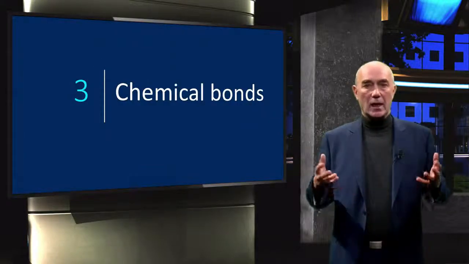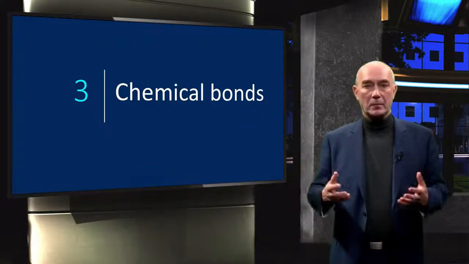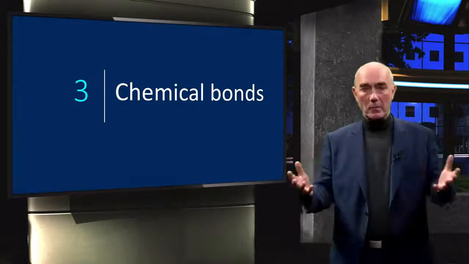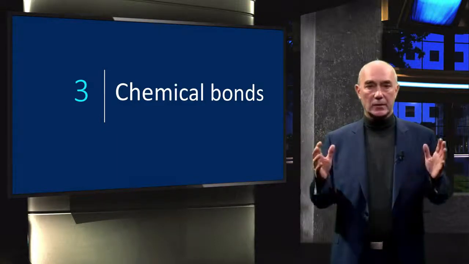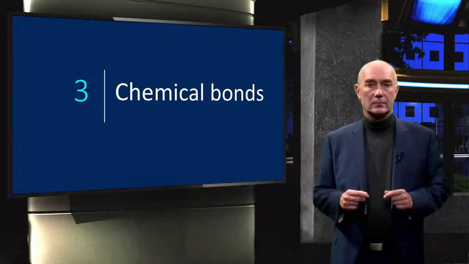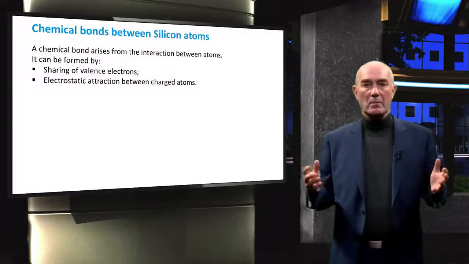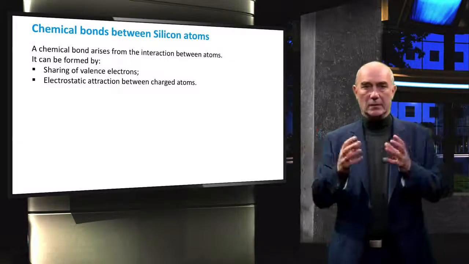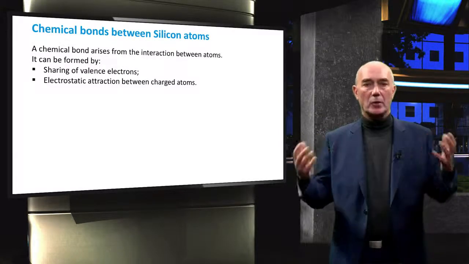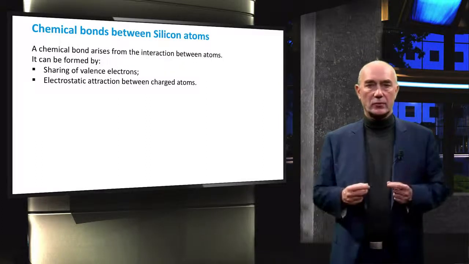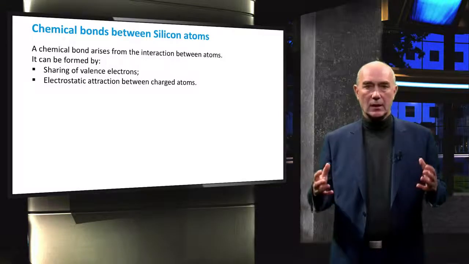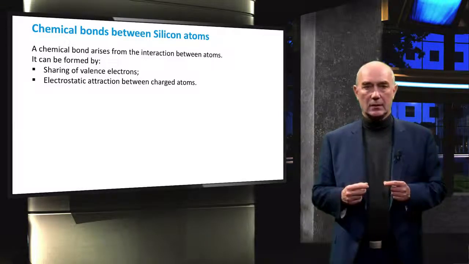So the questions now are, what kind of chemical bonds do form between silicon atoms, and how many neighboring atoms are there to a single silicon atom? As you can remember, chemical bonds arise from the interaction between atoms. They can be formed by sharing of valence electrons or as a result of the electrostatic attraction between charged atoms.